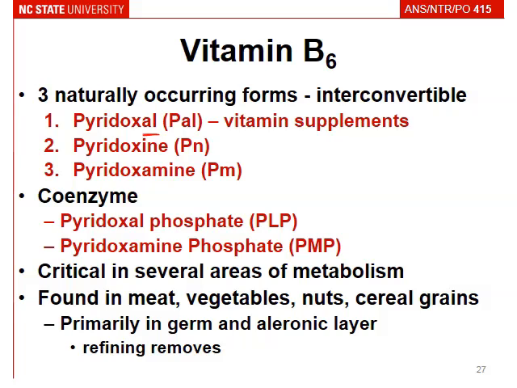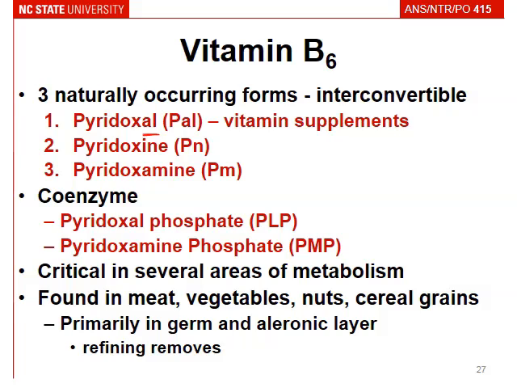It is a coenzyme as pyridoxal phosphate and pyridoxamine phosphate, so PLP and PMP. And it is critical for several areas of metabolism, anything that needs transamination or decarboxylation. It's also involved in glycogen phosphorylation, and it's important for steroid hormone action.